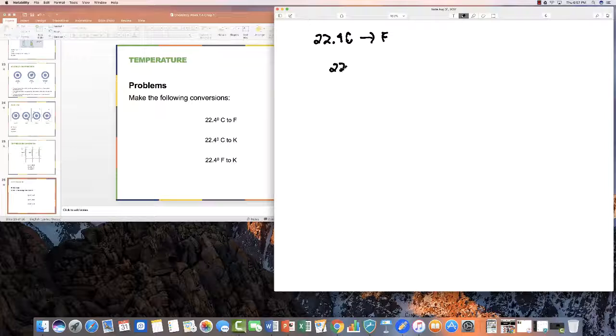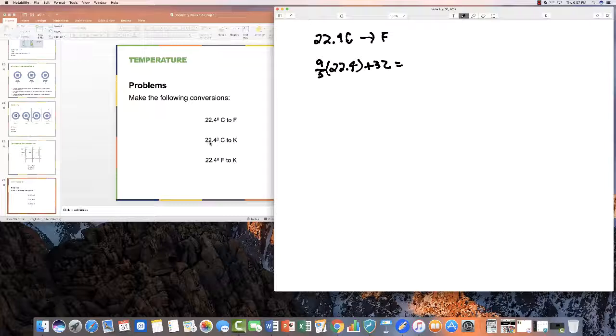So you're going to go 22.4 times 9 fifths, which is 180 over 100. But then you also have to correct for that 32 degrees change in baseline. And that gives you the answer to the first one. And I don't have my calculator here, so I'm not going to do the calculation here, but you can do that on a calculator when you get a chance.